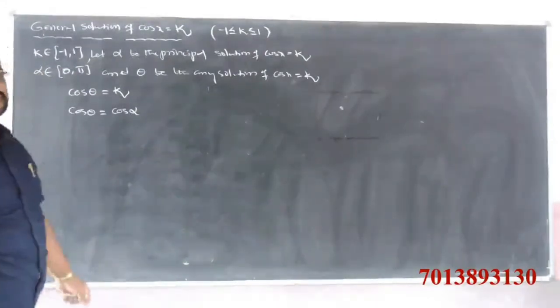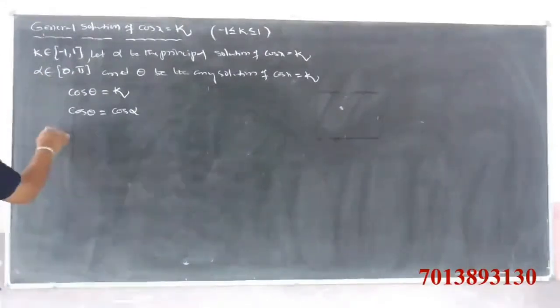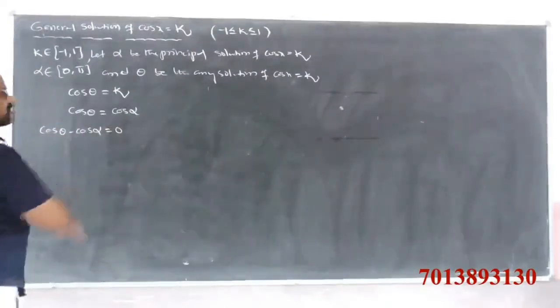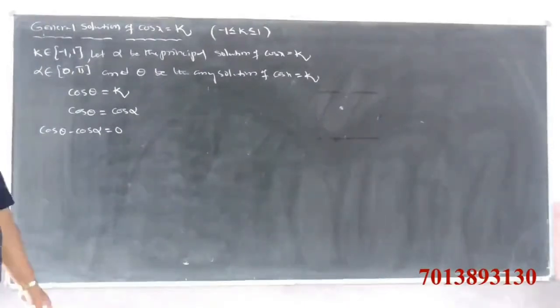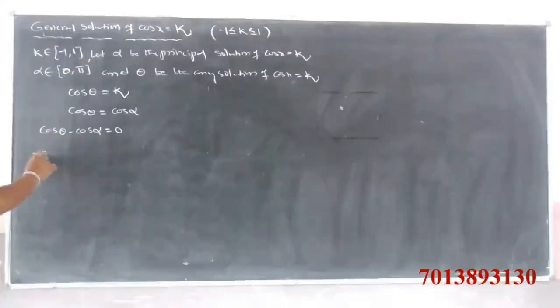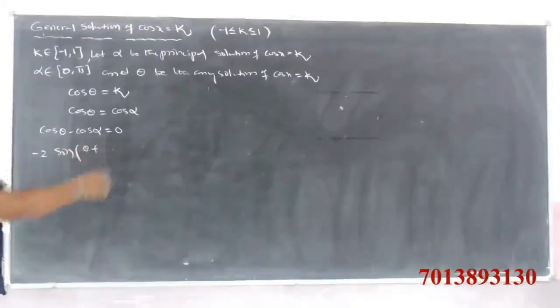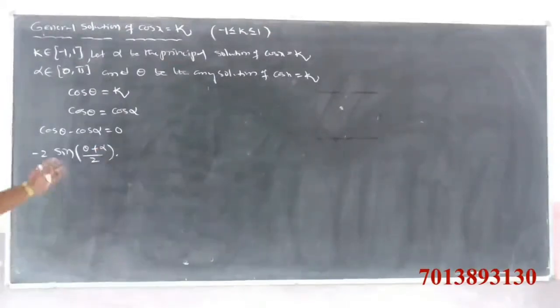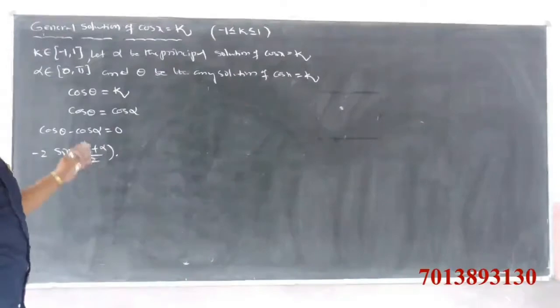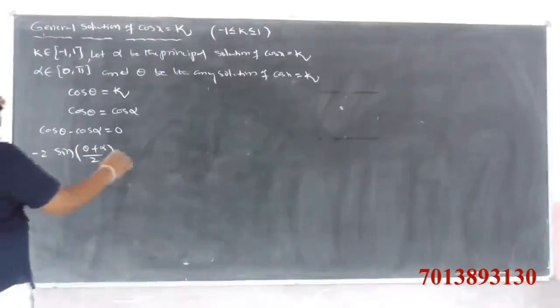If you transpose cos alpha from RHS to LHS, it becomes cos theta minus cos alpha equals 0. We know the cos C minus cos D formula: cos C minus cos D equals minus 2 times sin of (C plus D) by 2 into sin of (C minus D) by 2.